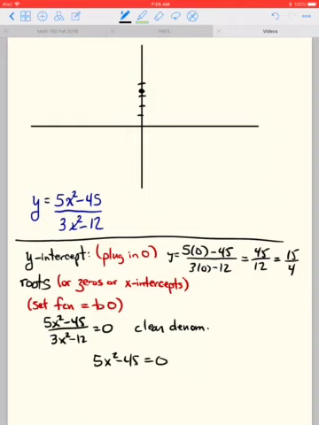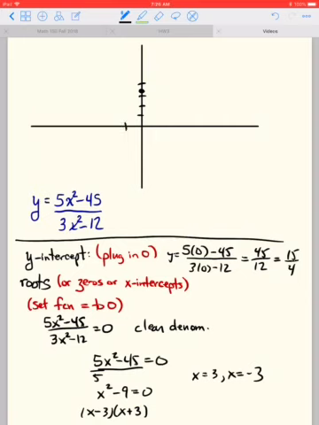Of course, if we multiply both sides by the denominator, the right-hand side stays 0. We can divide by 5. Then we get x squared minus 9 equals 0. And this has two solutions, x equals 3 and x equals minus 3. So we can go ahead and fill in those roots on our picture.